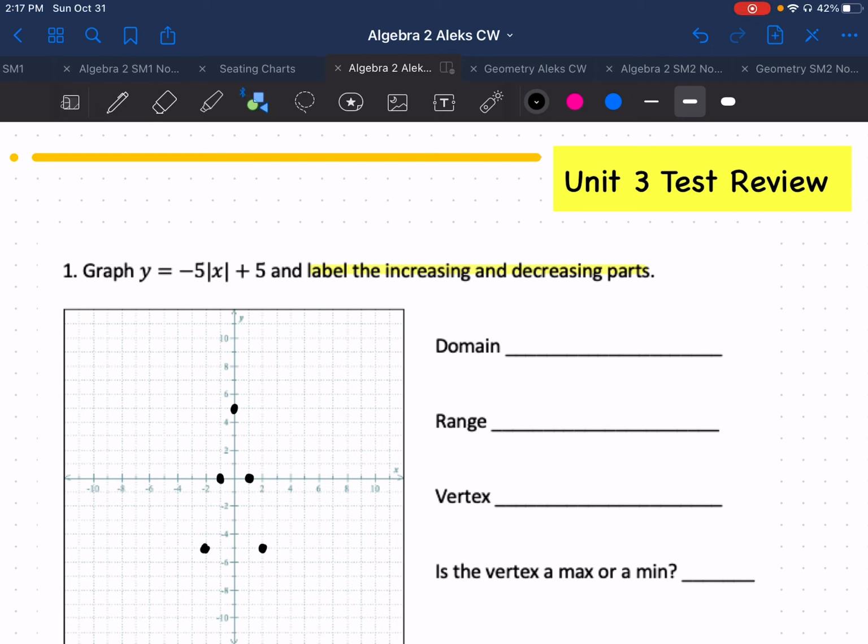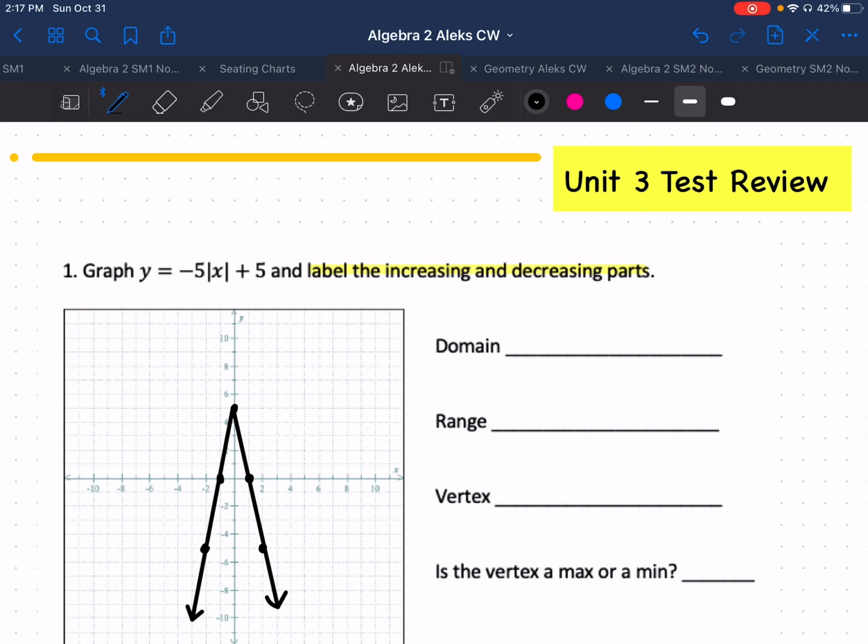And then I'm just going to go ahead and connect them together. There we go, just like on my calculator screen. Once I have done so, I'm going to put the increasing and decreasing parts.